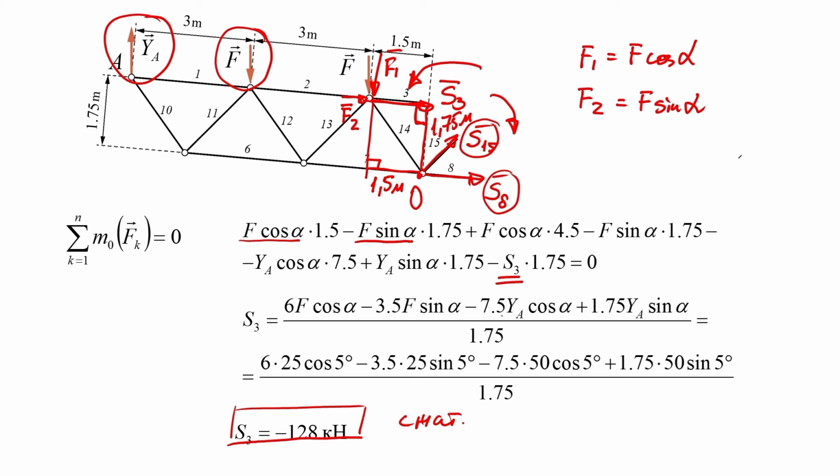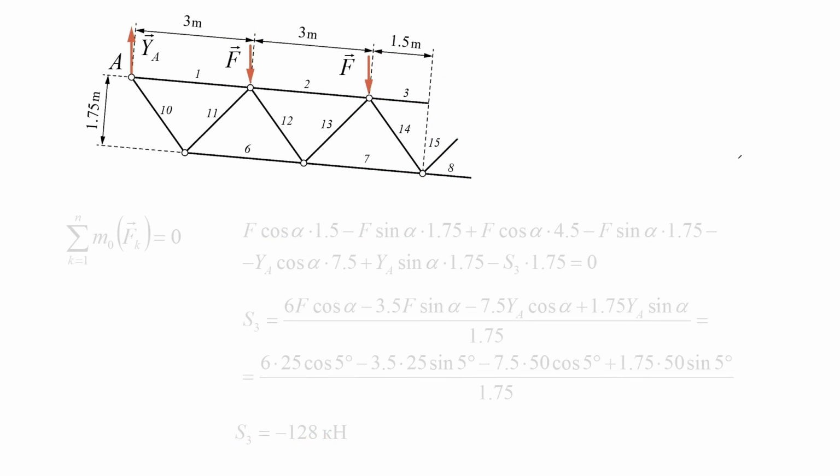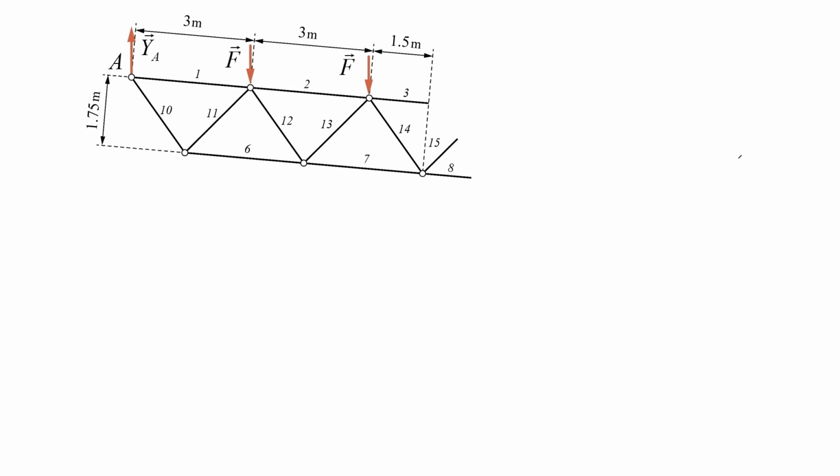To determine the force in the bar 15 of the truss, we can use the same section and also consider the equilibrium of the left part of the truss. Again, let us identify the forces in the sectioned bars of the truss.